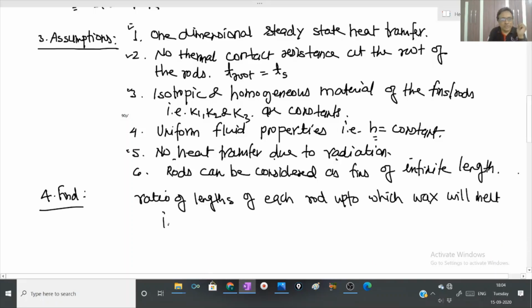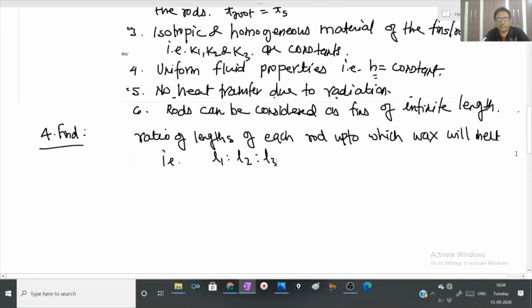That is, we are supposed to calculate L1, L2 and L3 ratio. Now let us do the calculations.